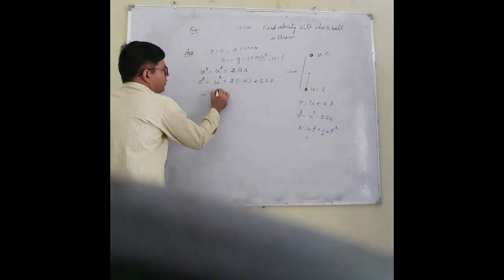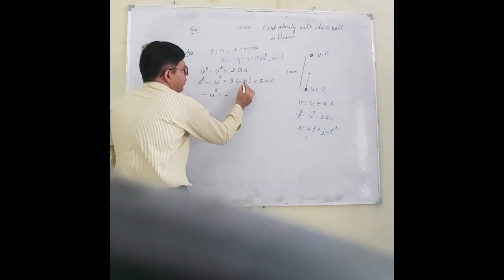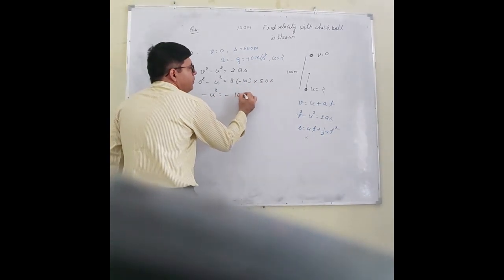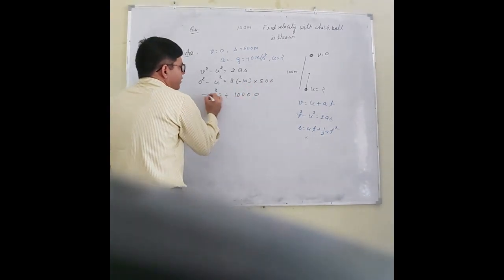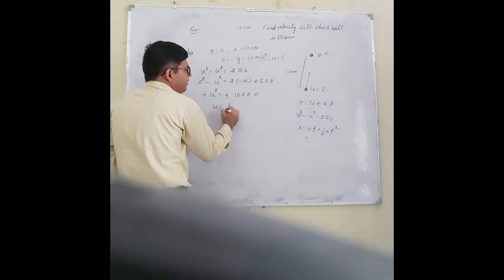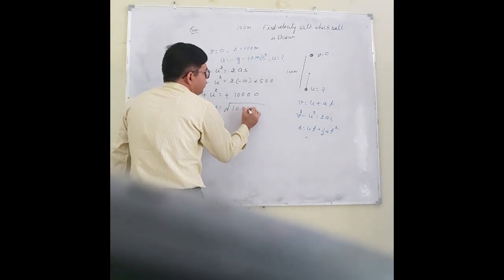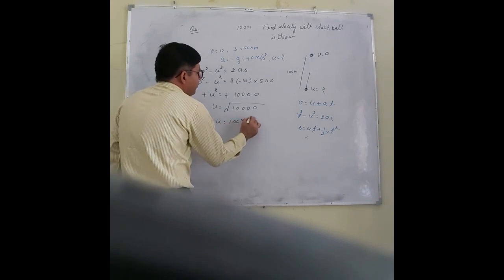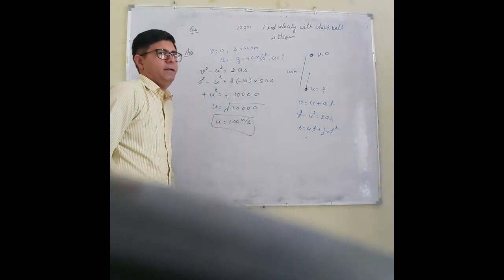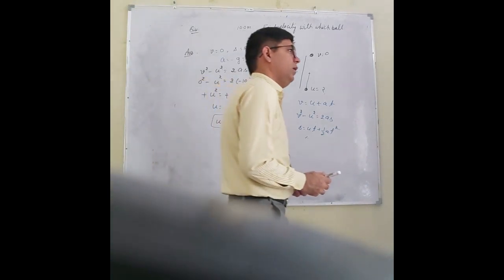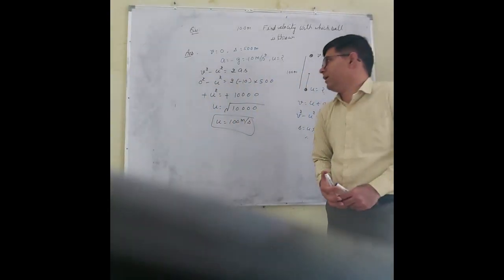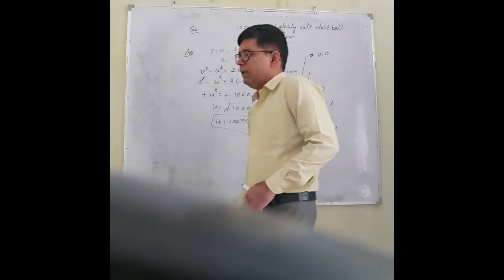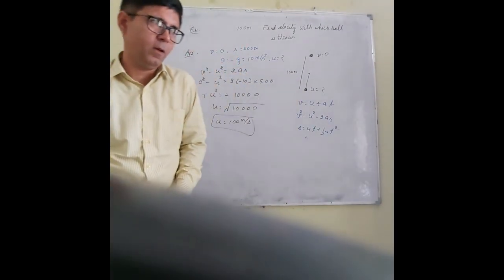So minus U square is equal to minus 20 multiplied by 500. How much will it be? Minus 10,000. Minus, minus cancel. So U is square root of 10,000. So I can say it is 100 meter per second. So here velocity is 100 meter per second, right?